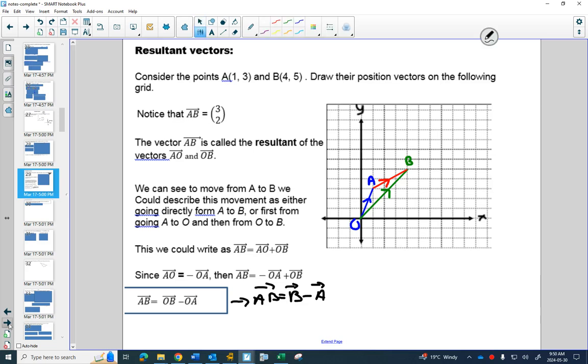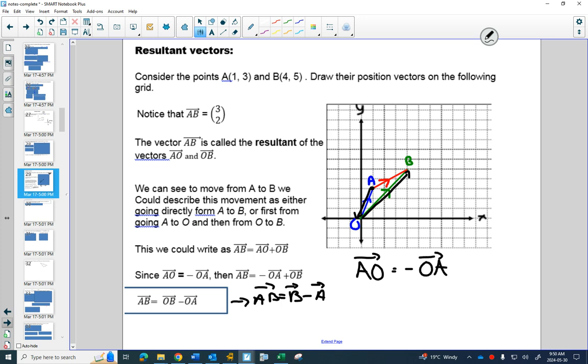So if you're at A and you want to get to B, you could always decide first to go to the origin and then to go to B to get there. But if I'm at A and I go back to the origin, does it make sense that A to the origin is just the negative?